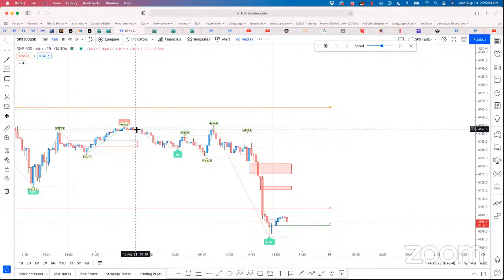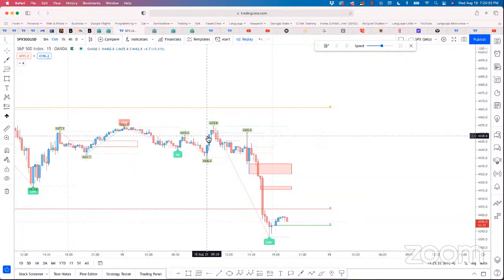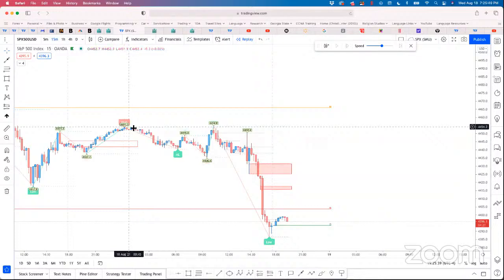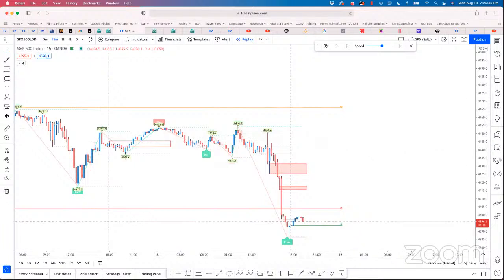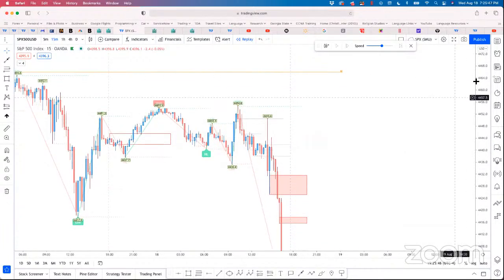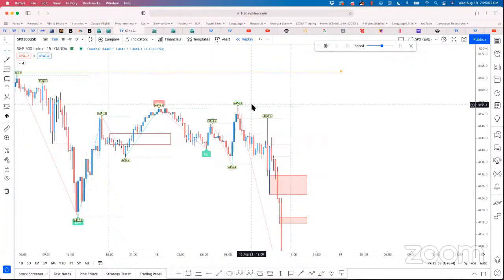Just like these were the highs right here. It came up to it. This was the entry initially, right? This was the stop loss, right? It came to it, but it never broke and closed above it. It went about 5 pips above, and then it rejected.